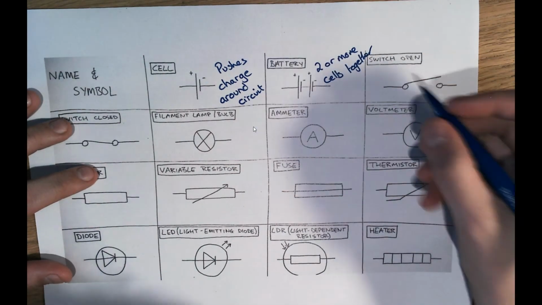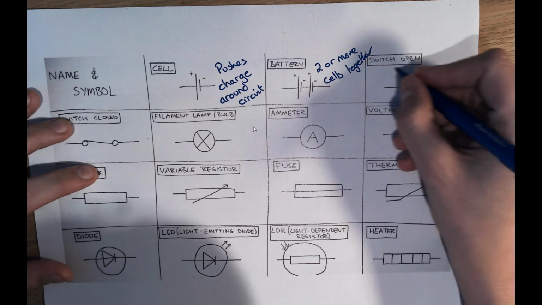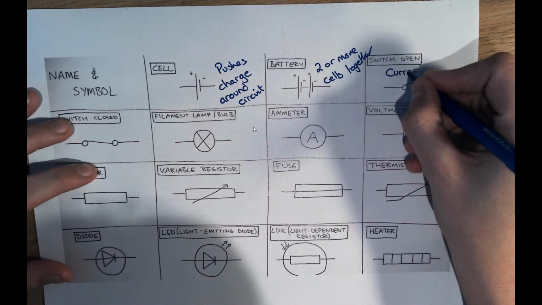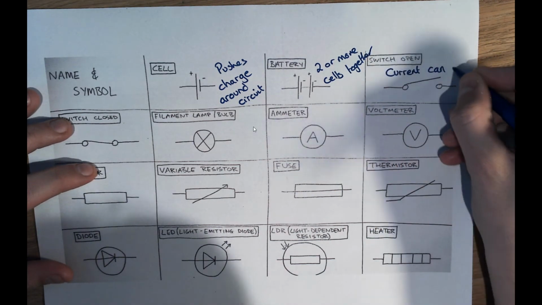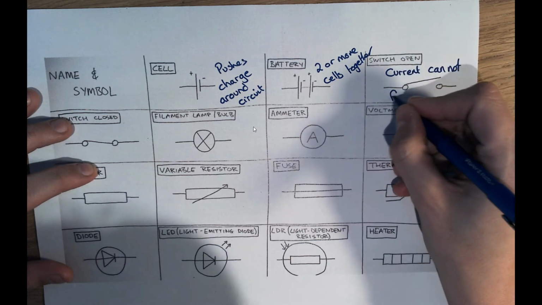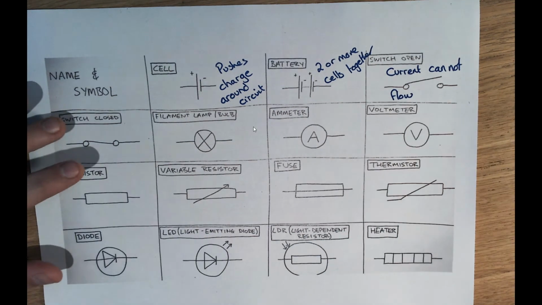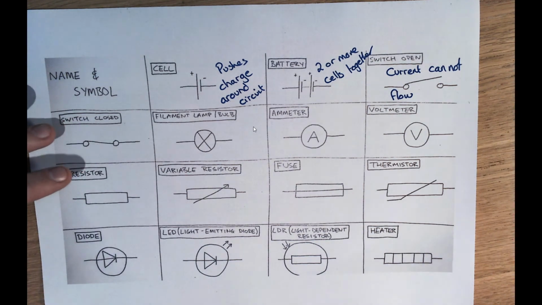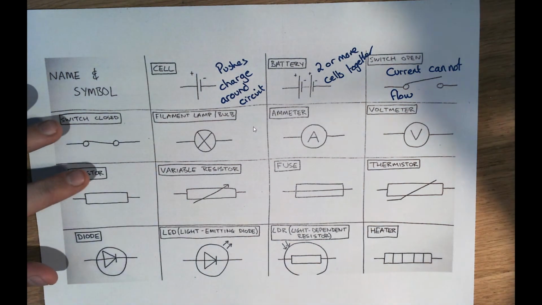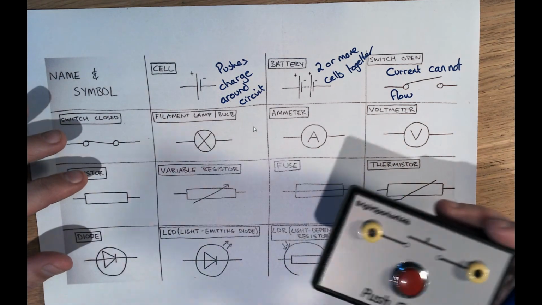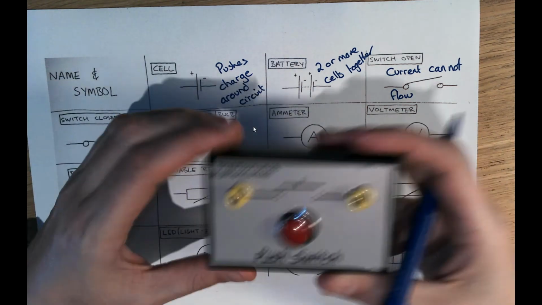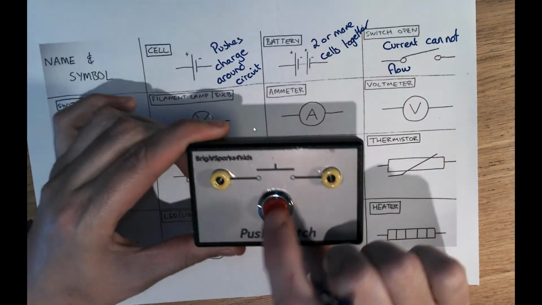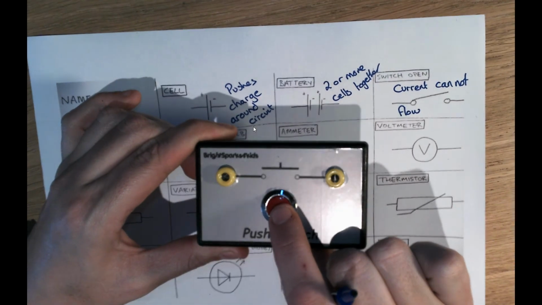Okay, an open switch. Well, current cannot flow. And so whatever components are in that circuit won't work. And there is an expectation that you are aware of this: for an electric circuit to work, it needs to be complete. Okay, and this is what I'll be using in our experiments as a push switch.